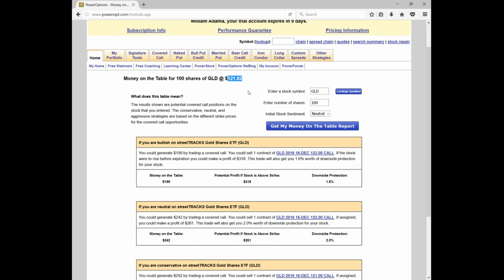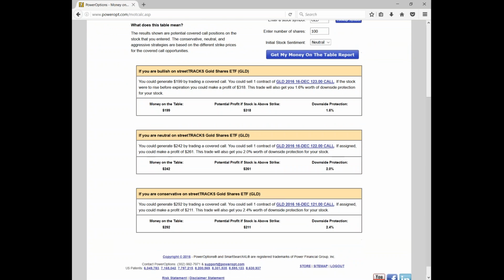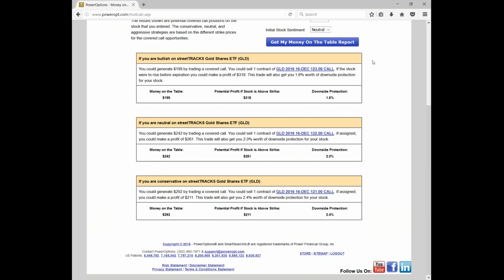GLD is at 121.82. Well, I could go out of the money slightly with the 123 call, which would generate $199 for me right now. I'd have a potential profit of 318 if the stock's trading above 123, and I have a 1.6% downside protection.